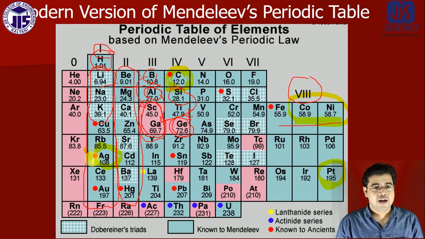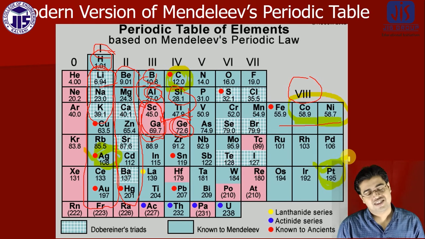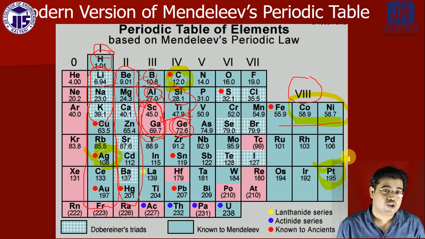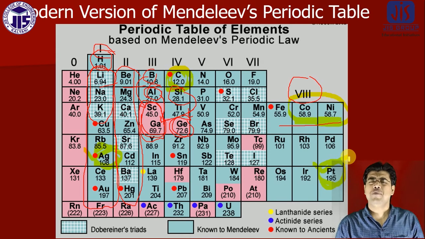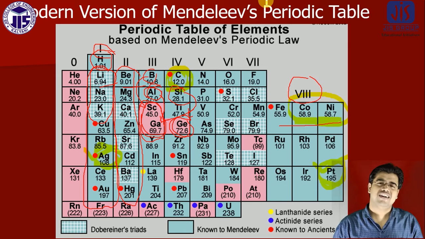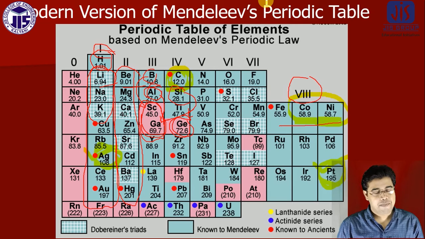But look, what is the position of silver and platinum? They are not in the same column or same group. That means they should be in the same column or group, but that did not happen in Mendeleev's table. So there are many fruitful sides, but we can't ignore the limitations of Mendeleev's periodic table.